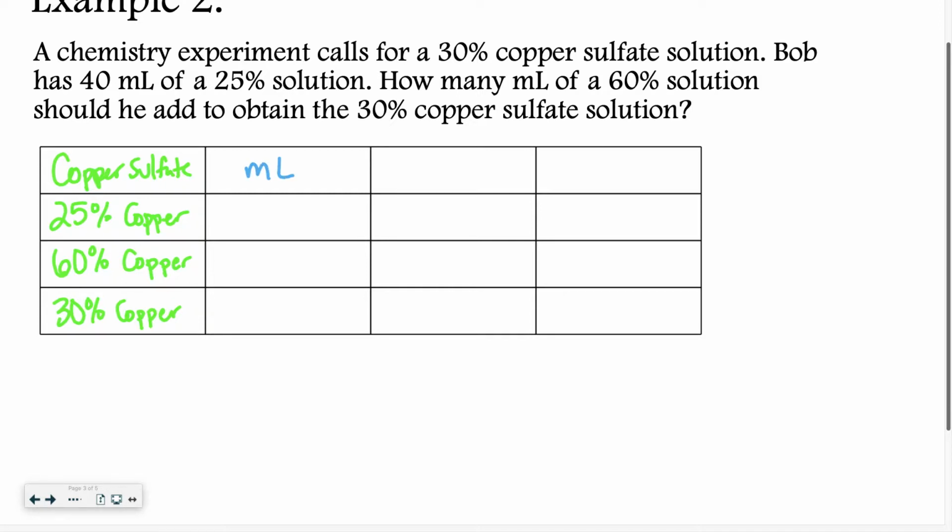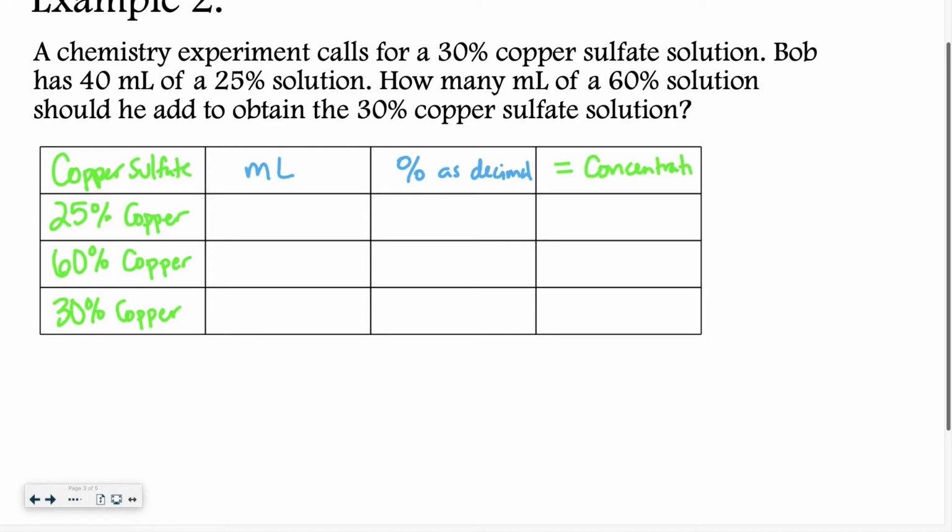And whenever you have percentages, one of your columns is your percentage as a decimal. Okay? That's every time. Anytime you have a problem that has percentages, the percentages as a decimal is one of the columns. Then the very last column is the concentration.